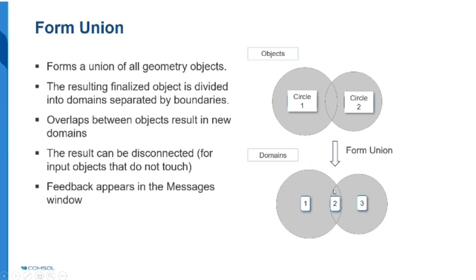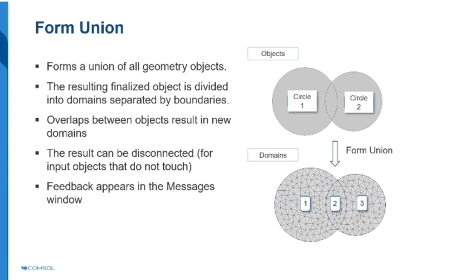One of the key points for form union is that whatever the field variables you are solving for, whatever the physics interface, the field variables will be continuous across these internal boundaries. These boundaries are considered internal boundaries because of the finalization method that we have used, and along these internal boundaries, the field continuity is by default maintained.